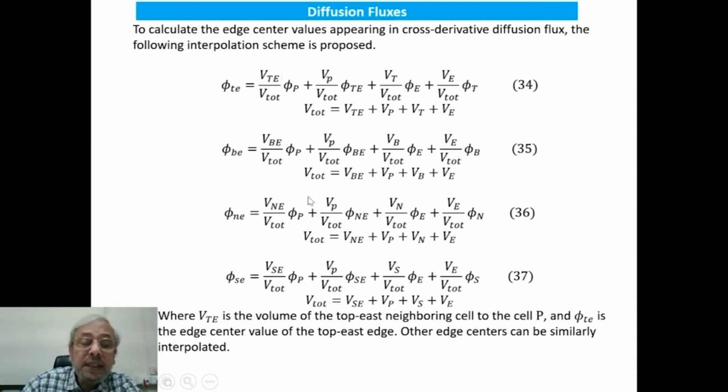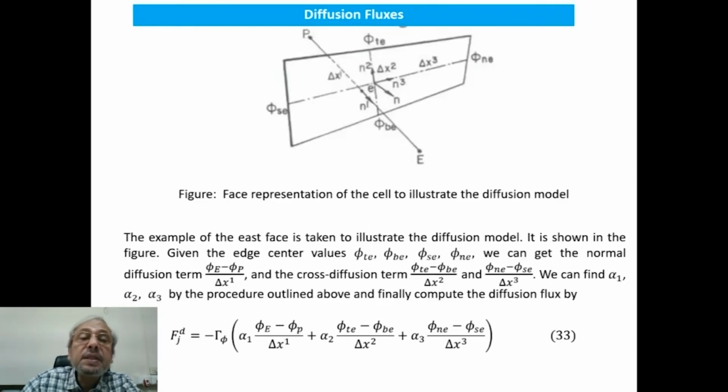Basically phi TE is the volume of the top eastern neighbor cell of P. So that means again, let me say, this will be the P cell where P is a cell center. This is the E cell where E is the cell center.